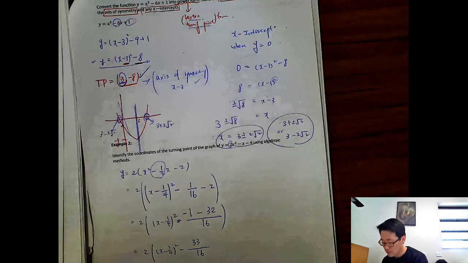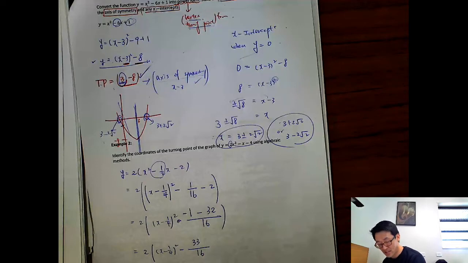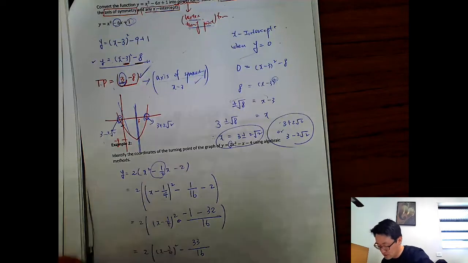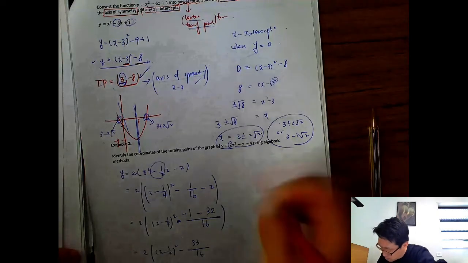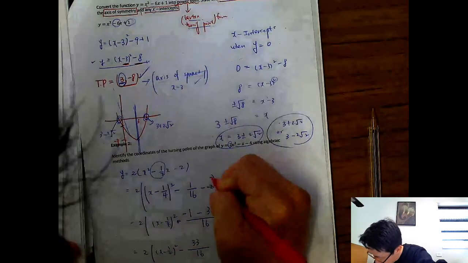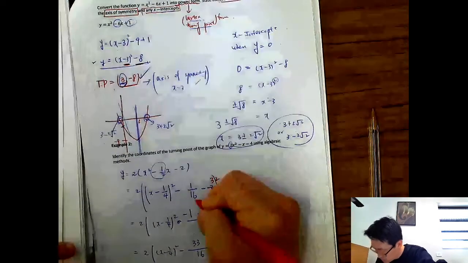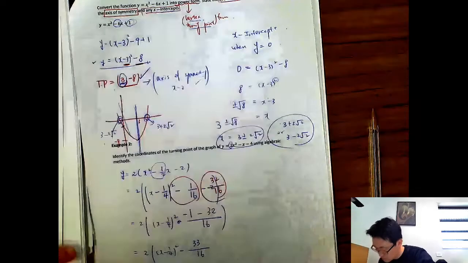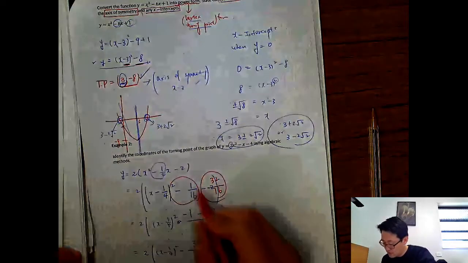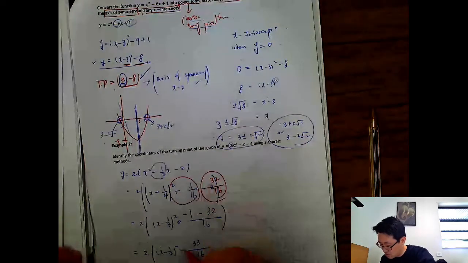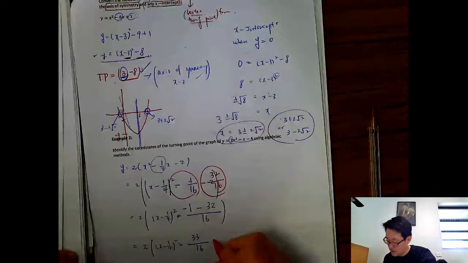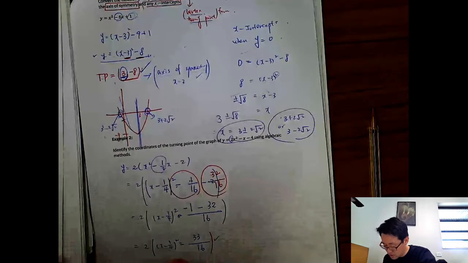Okay, that looks a bit easier. It's the same thing, but that probably looks much easier. Or I'll probably write down this one is 32 over 16. Then all you need to do is this. Yeah, minus 1 minus 32, minus 33. Happy with that? That's probably easier to look at.